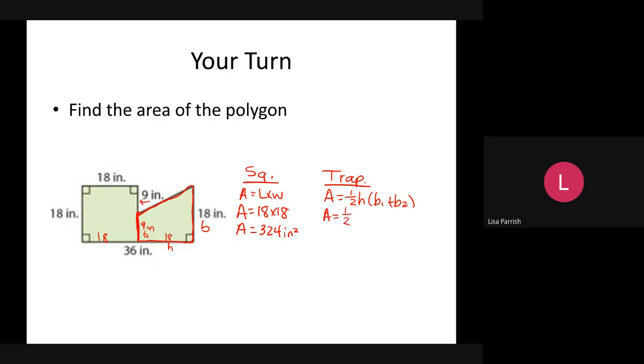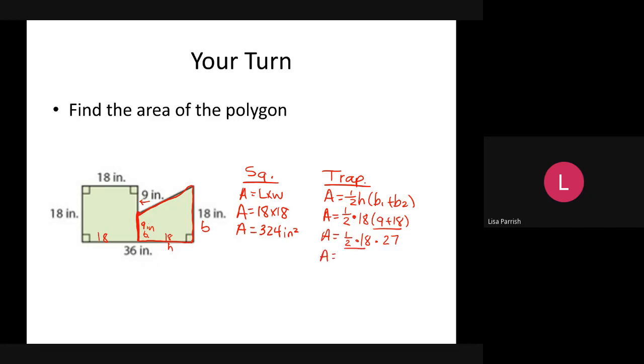Okay, so I'm going to do 1/2 times the height, which is 18, times the sum of my two bases, which were 9 and 18. And then you're just going to work your trapezoid formula. Remember when we did the trapezoid formula, we did the parentheses first. So when you add your 9 and 18, you get 27. Then the next line, you're just going to work it in order.